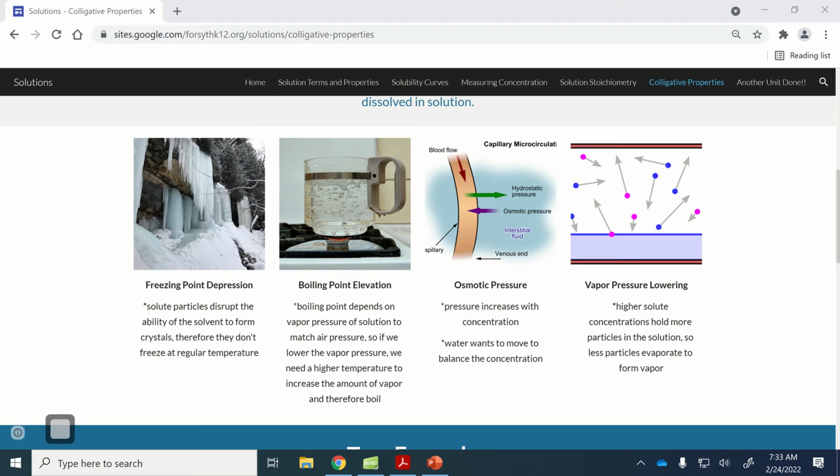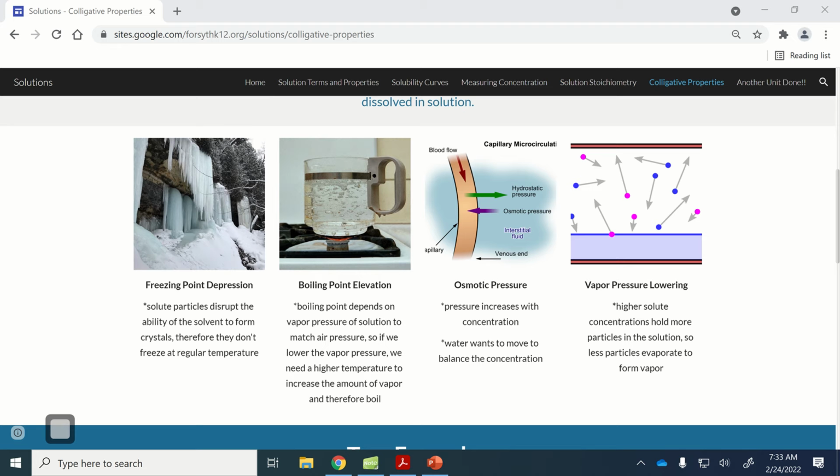So these boiling point elevation and vapor pressure lowering are working hand in hand. What happens is we will lower the vapor pressure of the solution, which means it will take more temperature, more energy in the particles to get them to that higher pressure and therefore boil at a temperature above 100 degrees Celsius, if we're talking about water.